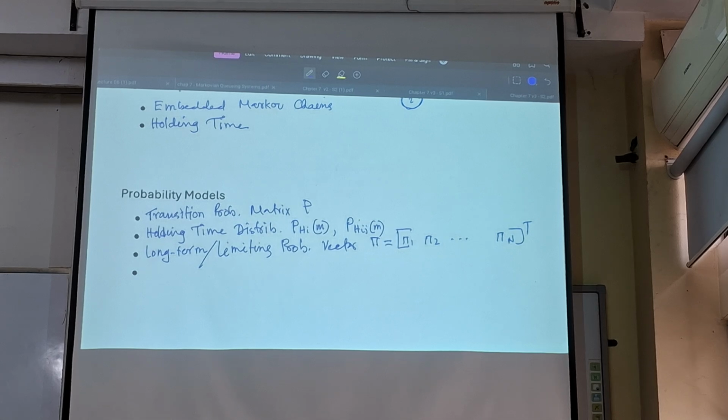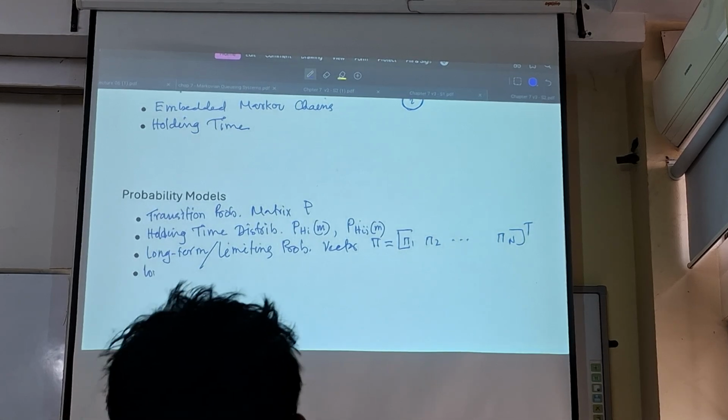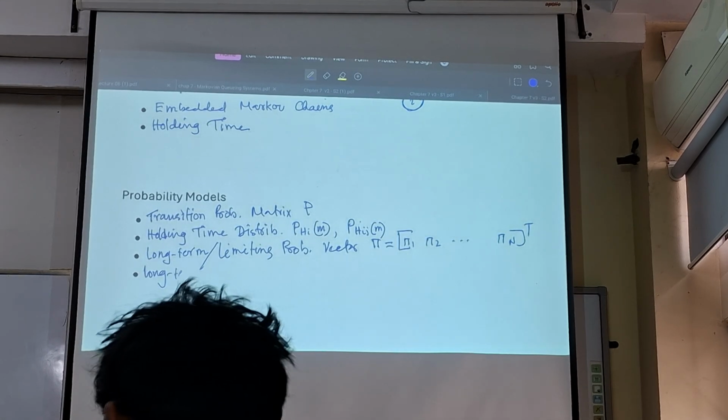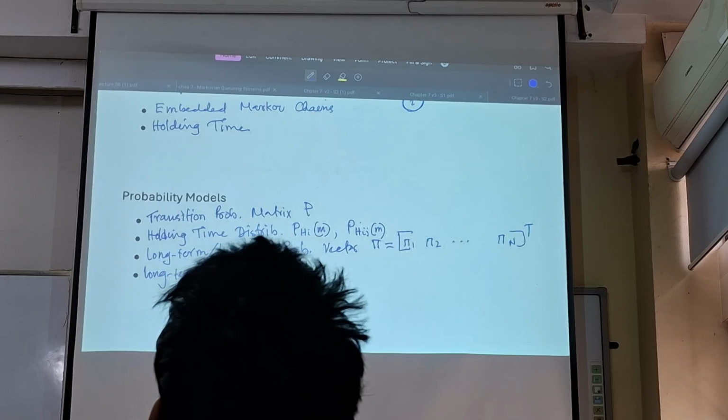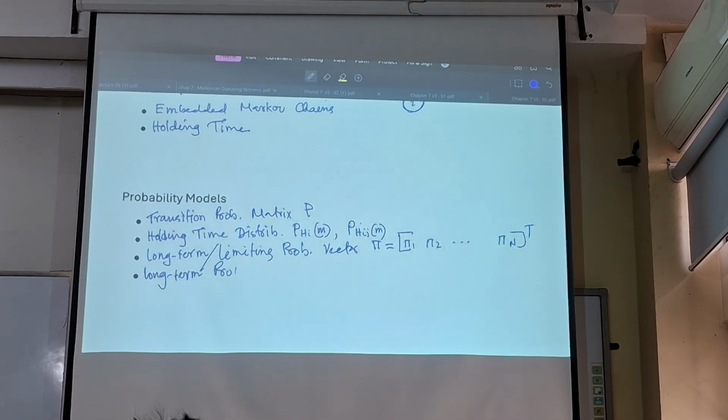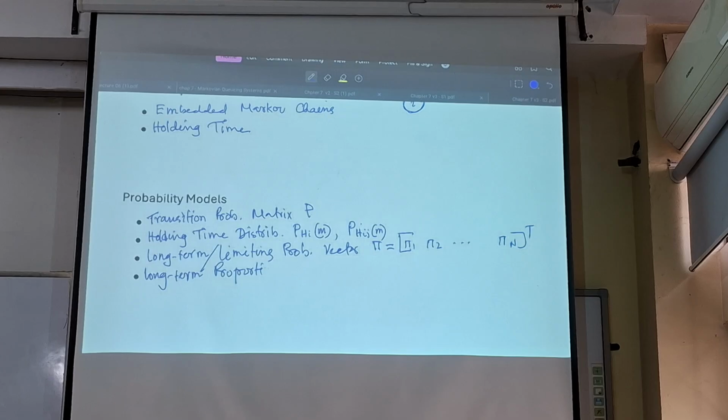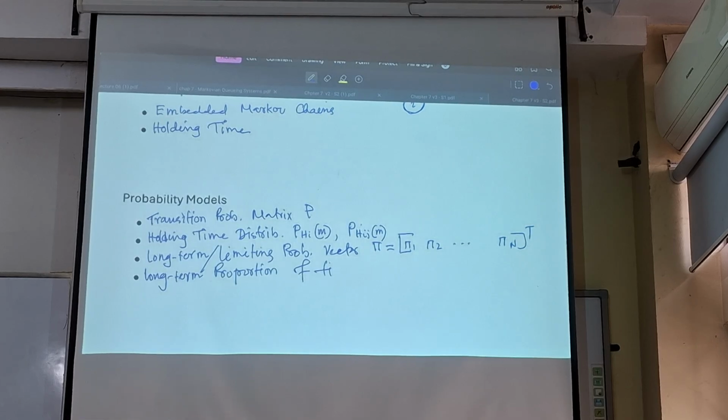Then finally, the long-term proportion of time.